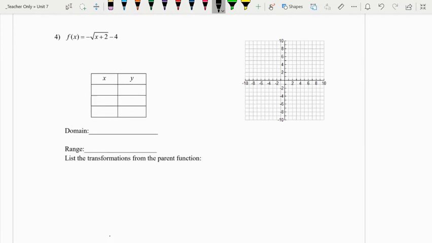For number 4, we're starting with 0, 1, 4, 9 again, and then 0, 1, 2, 3. So on this side, we would subtract 2 because it's always the opposite sign, right? So -2, -1, 2, and 7. And on this side, we're going to multiply by -1 and then subtract 4.